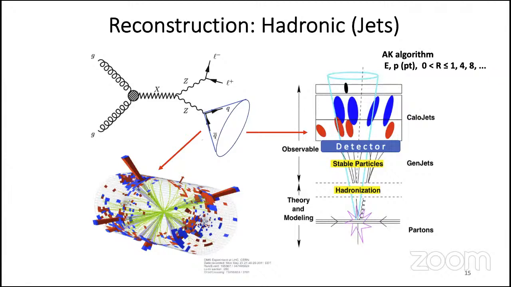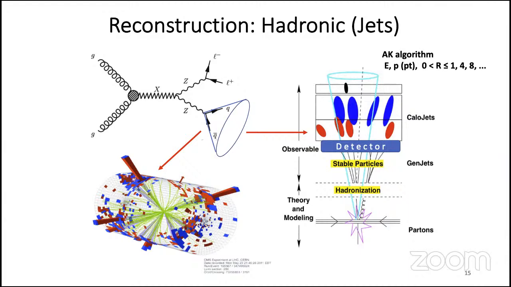As you know, quarks don't live alone in nature. They hadronize to create stable particles that we see in the detector, like clusters in the hadronic calorimeters.